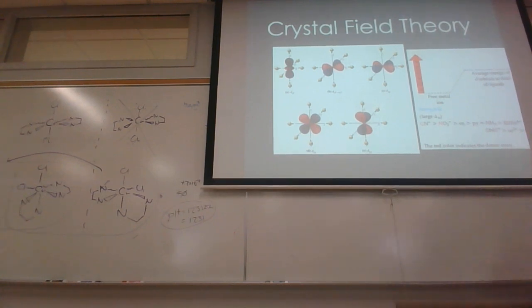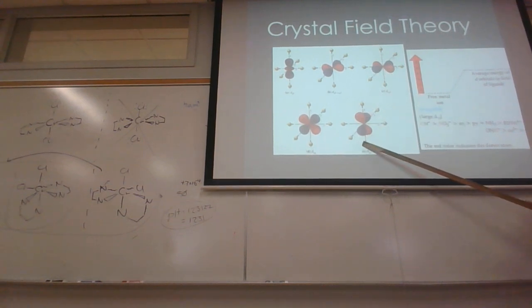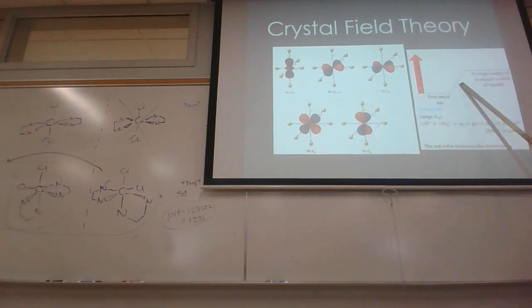And so what happens here is this. We'll have 5 d orbitals, and they're given by these different shapes here. When we bring in an octahedral field, we call this a field of ligands, all those d orbitals are going to go up in energy because of the electron-electron repulsion.